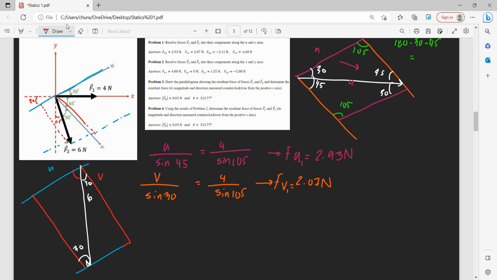It's 90 plus 15 minus 30, and that's 75 degrees here, which is 75 here. And then for our last angle, we'll solve 180 minus 75 minus 30, and that also makes this 75.